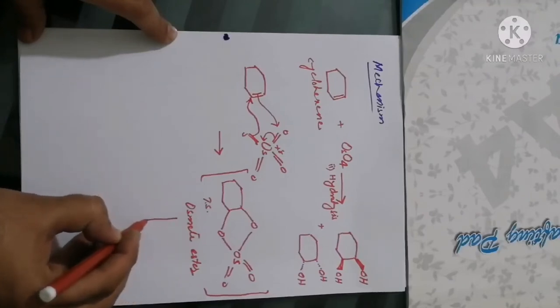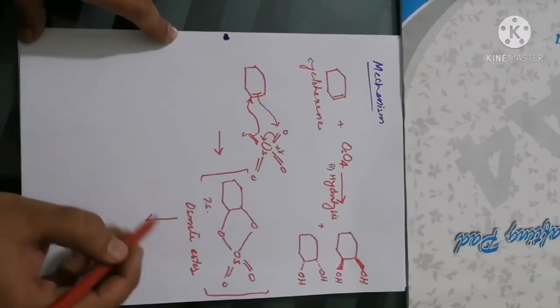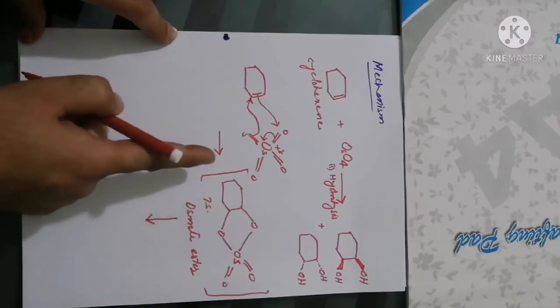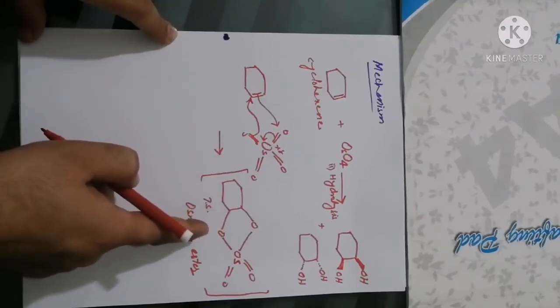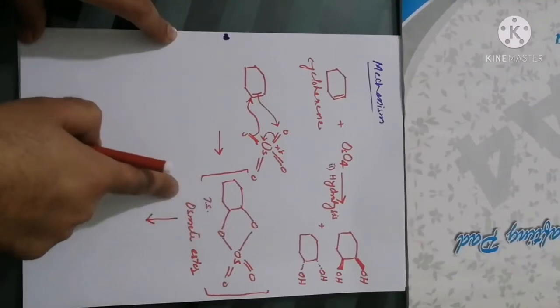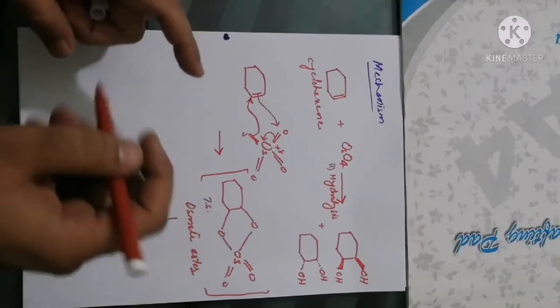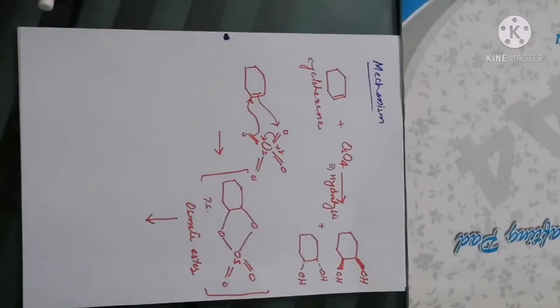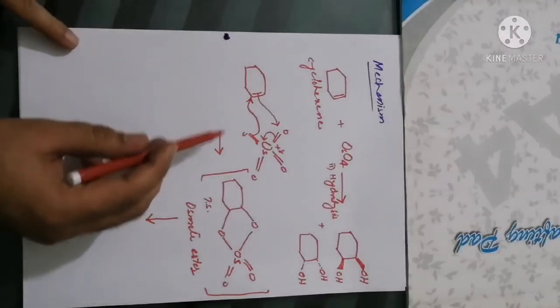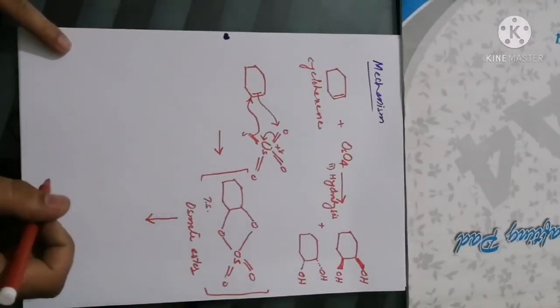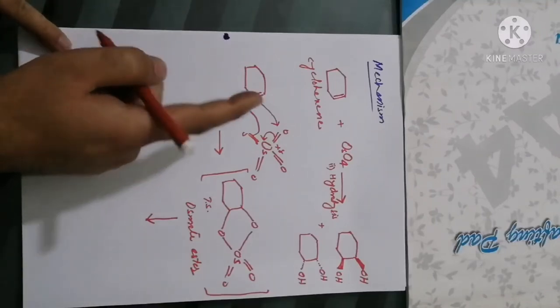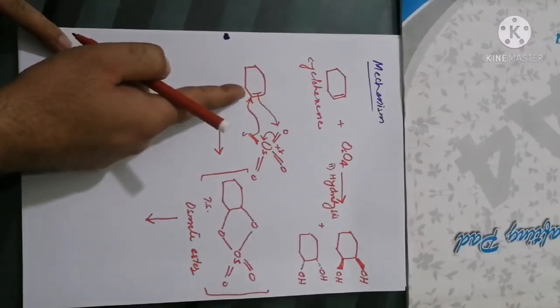What happens in the next step is the hydrolysis. The formation of the cyclic form is very important. I have to draw here, wait. So the first step is the formation of the osmate ester, and the cyclic transition state is obtained. We know that there are two faces of the pi bond.